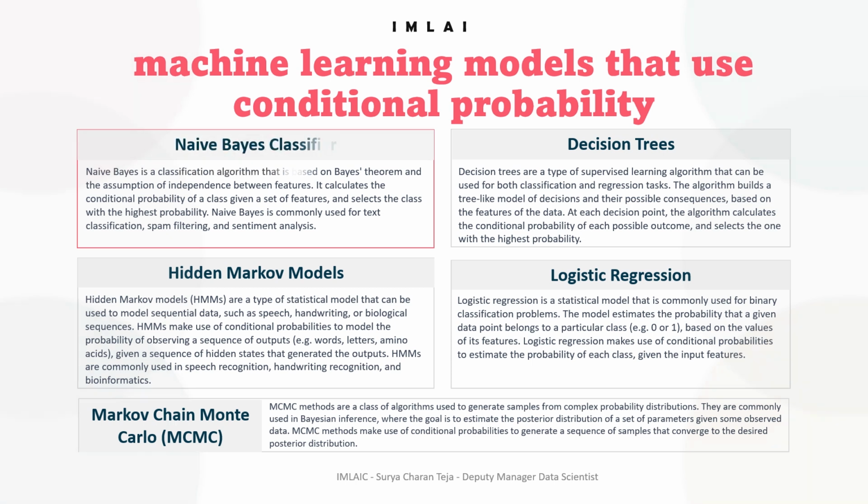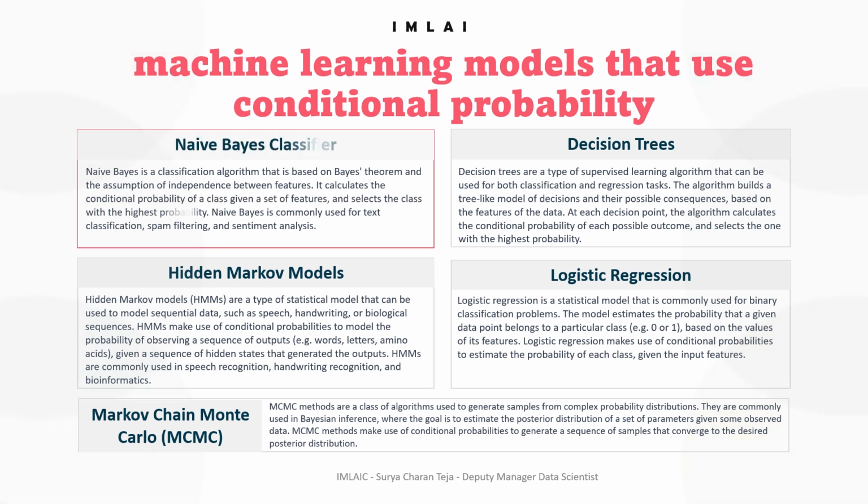MCMC methods are a class of algorithms used to generate samples from complex probability distributions. They are commonly used in Bayesian inference, where the goal is to estimate the posterior distribution of a set of parameters given some observed data. MCMC methods make use of conditional probabilities to generate a sequence of samples that converge to the desired posterior distribution.